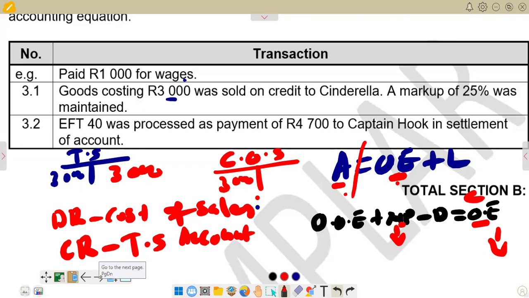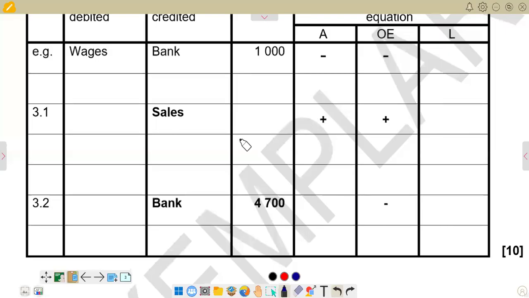So if you go there, we're going to put this first set of double entry whereby we're saying we are going to debit our cost of sales and then credit trading stock. So let's try to see according to the person. What we are saying, we are debiting cost of sales, so we can just indicate it here by saying debit cost of sales.